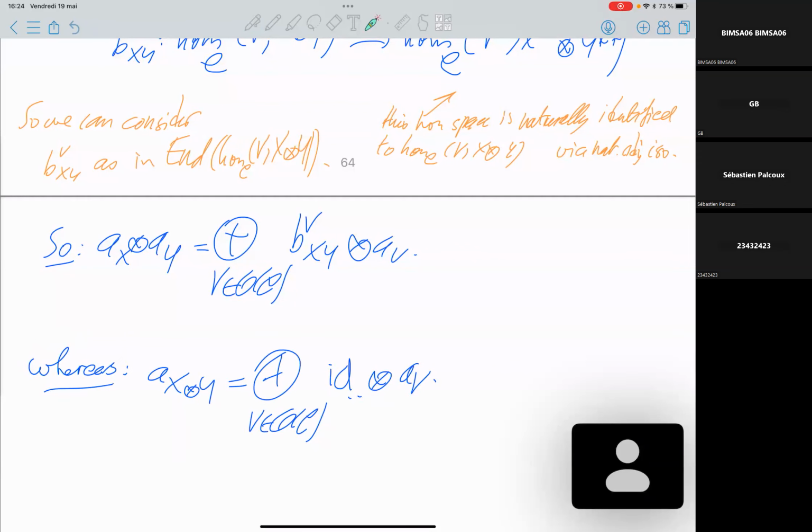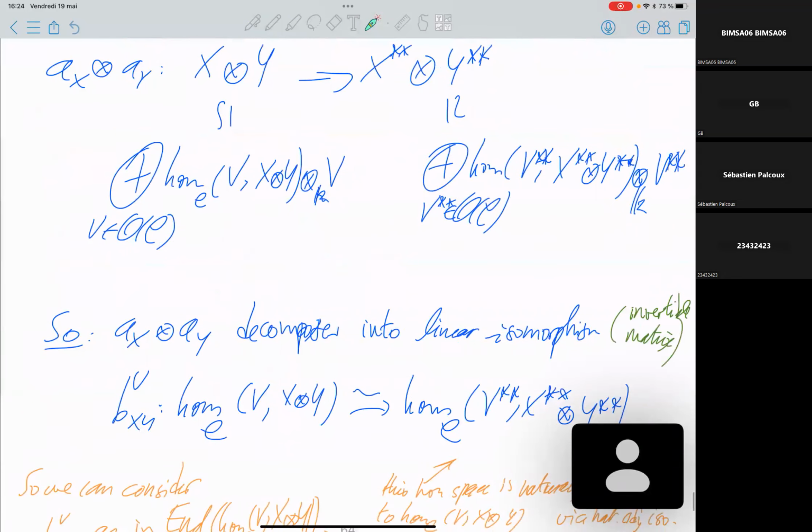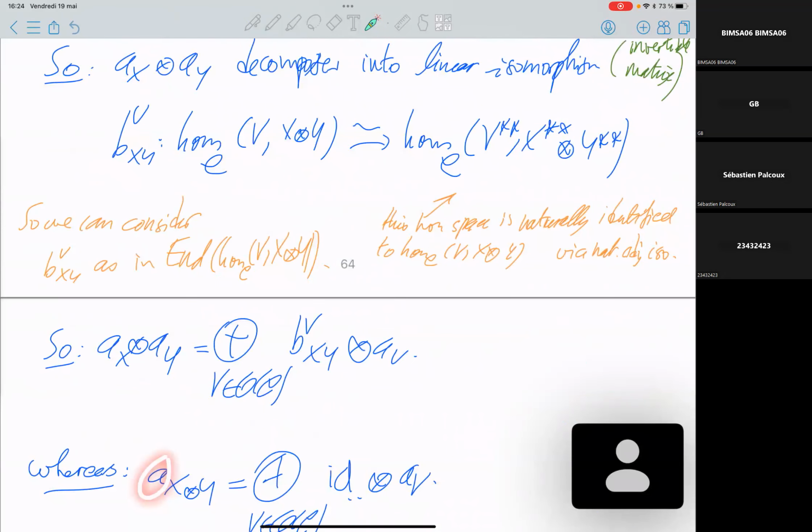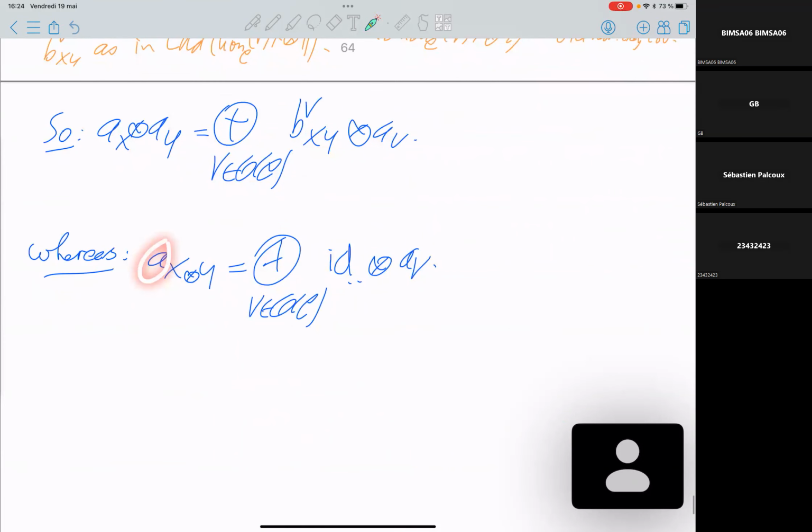So to have this equal this, you need this to be the identity matrix. And this equality is easy to see, because you decompose a_{X tensor Y}, and at least a is not tensor, but it's C-linear. So it should be okay.